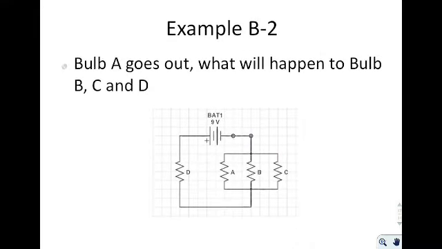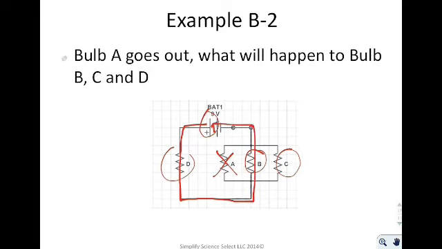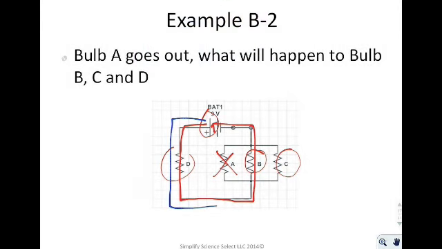If you look at this one, it says if bulb A were to go out, what happens to B, C, and D? Now remember, in order for the bulb to be illuminated, it has to have a complete path through the light bulb to the other end of the battery. So we start right here, and this right here has a complete path because I can go this way. Bulb B has a complete path because I can go this way.